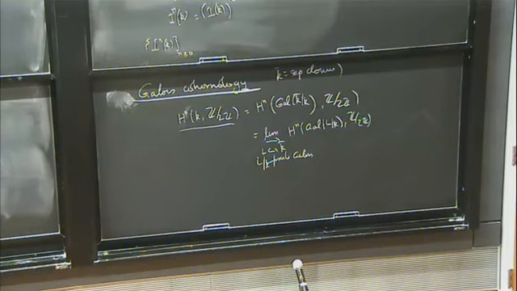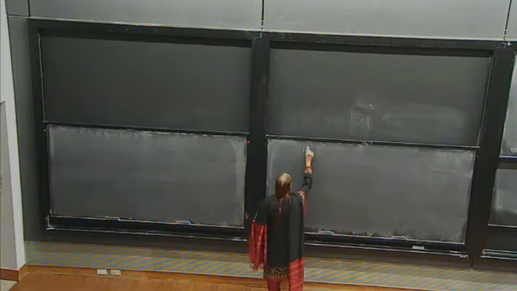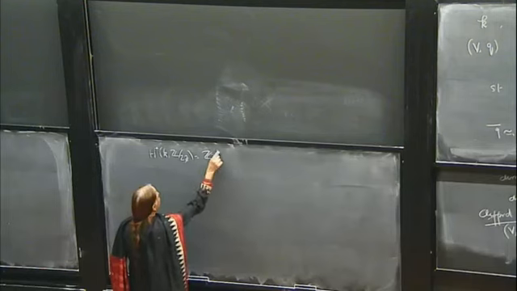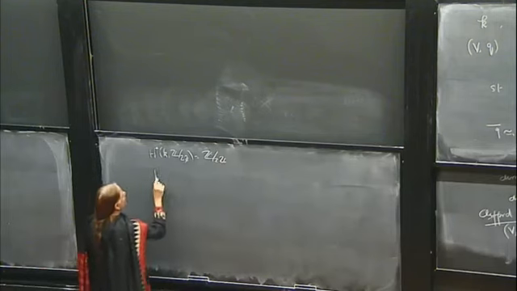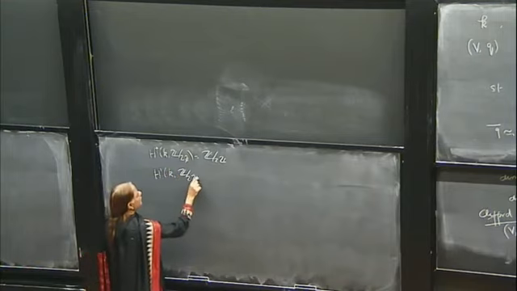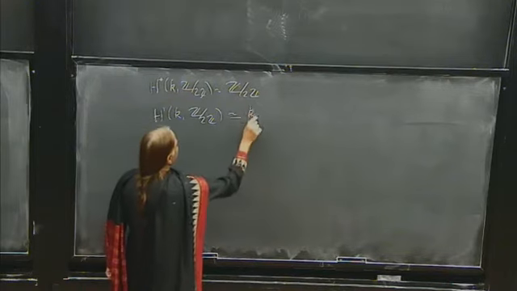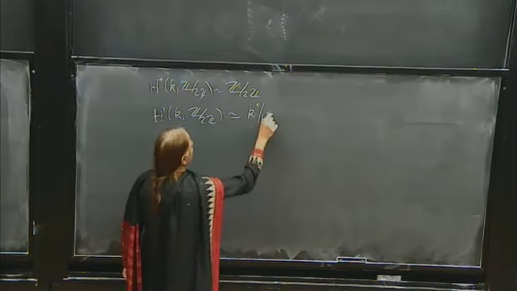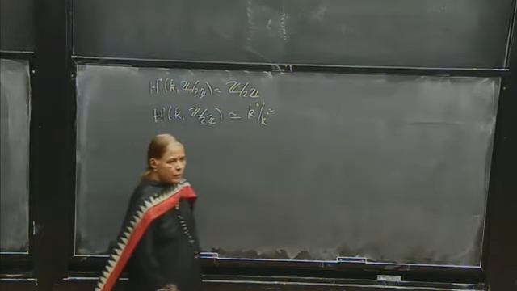So this H^0(K, Z mod 2), this is just the invariants, which is Z mod 2Z, and H^1(K, Z mod 2Z), this is just K star mod K star squared. This comes from the so-called Kummer sequence.